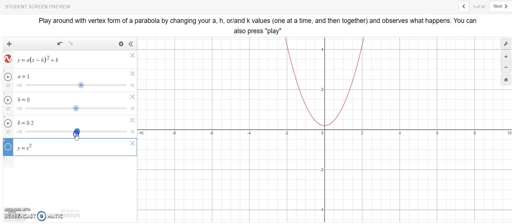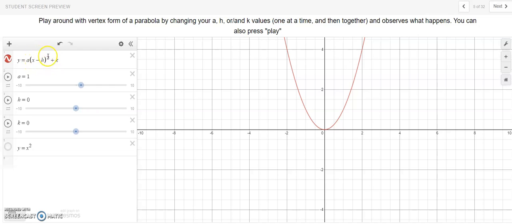Now I do want to bring your attention to something. K is said to be the constant term. And if you look at vertex form, it's similar to slope-intercept, y equals mx plus b. So the A is kind of like the m.